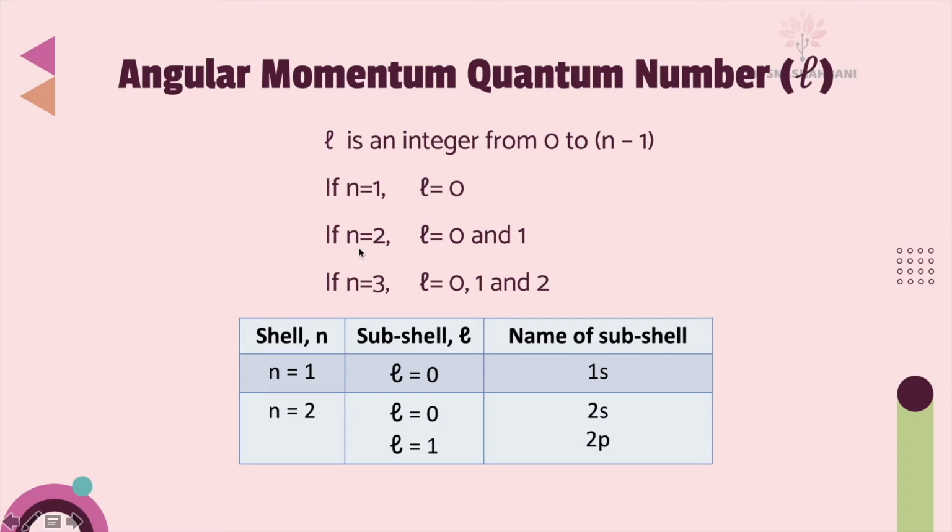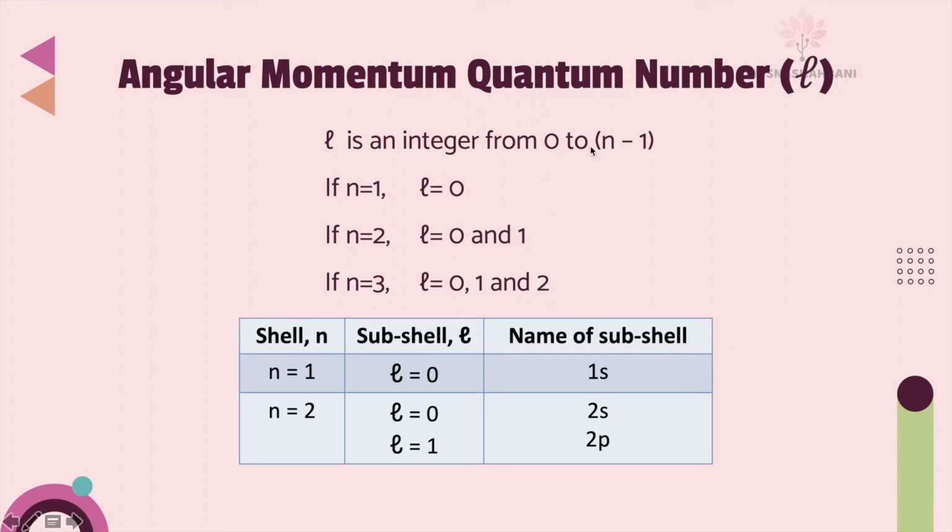If our n is equal to 2, L starts from 0 and 2 minus 1 is 1, so L equals 0 and 1 if n equal to 2. If n equal to 3, L must be 0, 1 and 2.